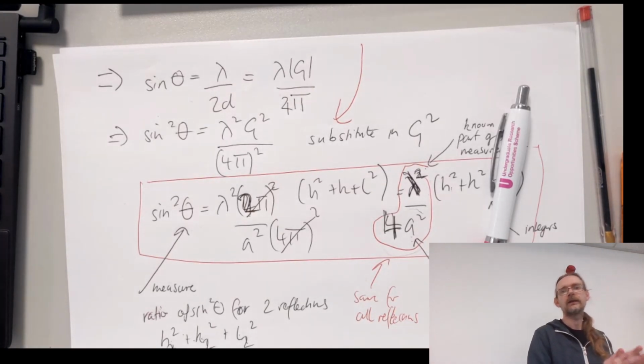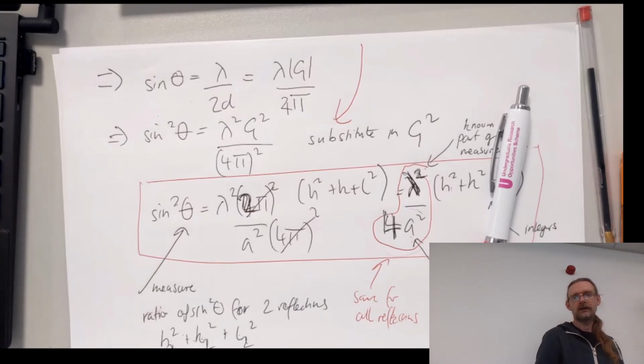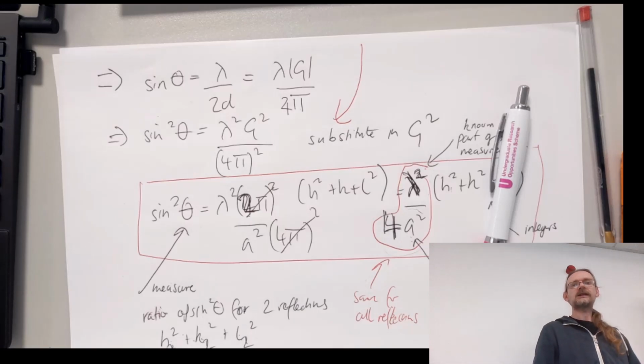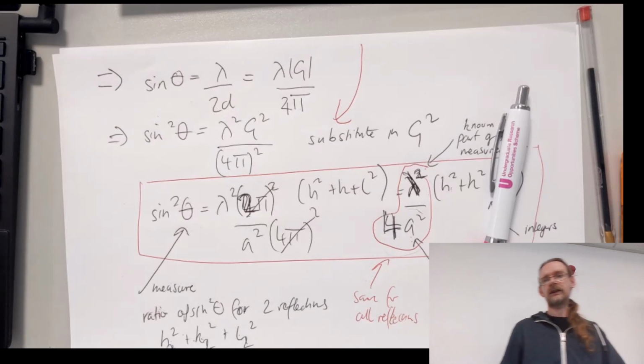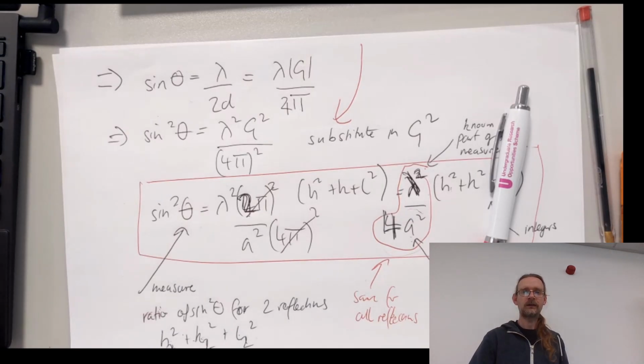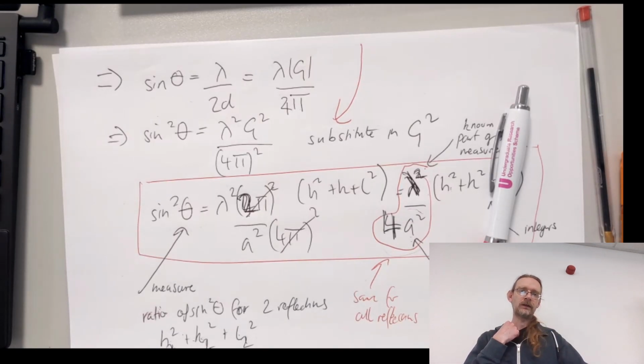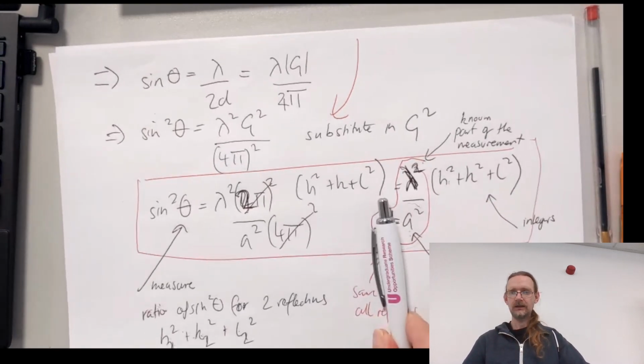So I'm getting a lattice constant that comes out similar for each. So the data is consistent with an FCC crystal structure with a lattice constant of 0.65 nanometers.